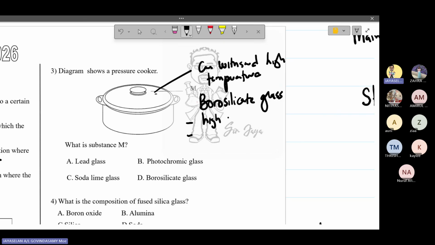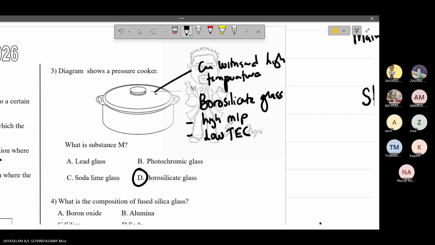Put there I and P. It has a low thermal expansion coefficient. Dia boleh tahan apa? Sudden change in temperature. Corrosive, chemically inert. That's why you can pour acid and alkali. Just remember two properties, enough.